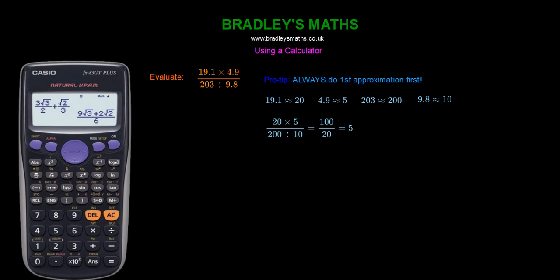So we have 20 times 5 is 100, 200 divided by 10 is 20, and 100 divided by 20 is 5.